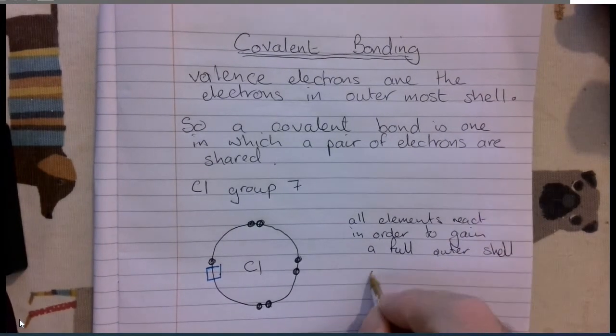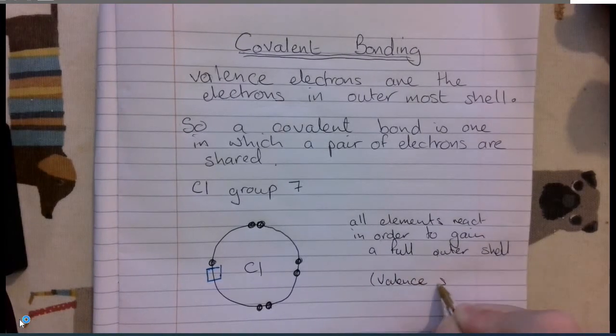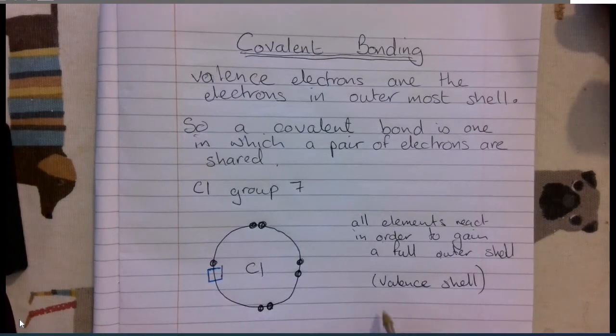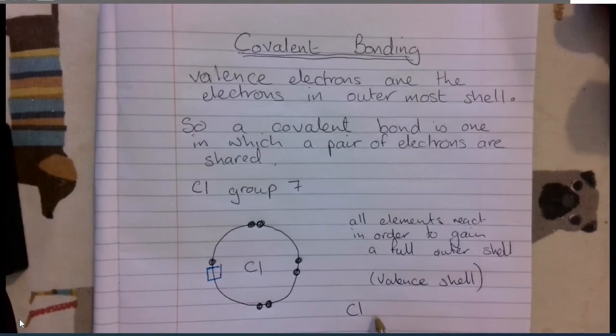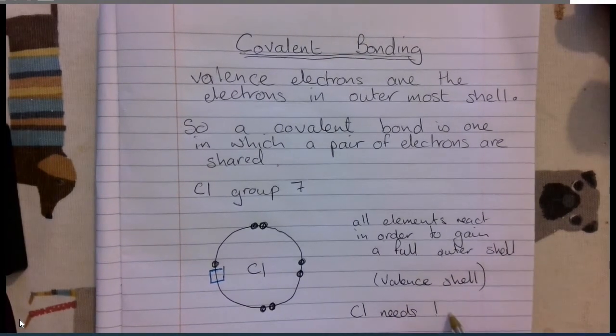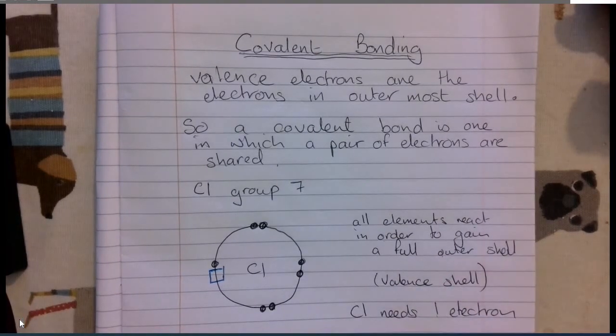This is what we call the valence shell. It's the outer shell. So in this case, chlorine needs 1 electron. Dead simple so far.